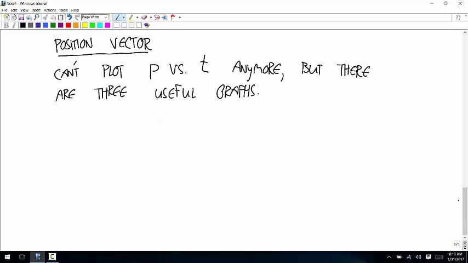The first two are the components of the position vector versus time. So the x component of position versus time. The y component of position versus time. And then the third one is a plot of the motion. It doesn't show time on it.